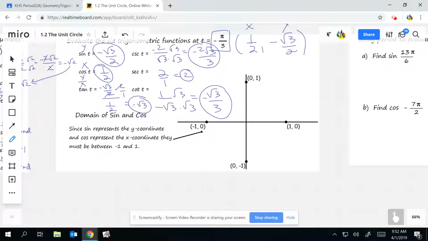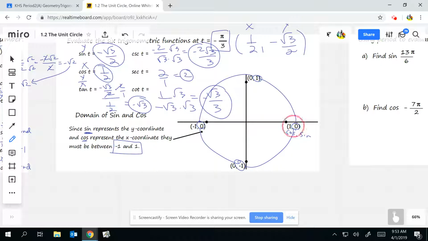Now this diagram is showing you that your sine value and your cosine value are going to always stay between 0 and 1. And then it comes back down to 0, and then it goes down to negative 1, and then it goes back up to 0. So actually the sine and the cosine are going to always be between negative 1 and positive 1.